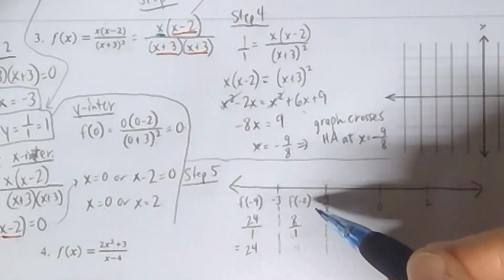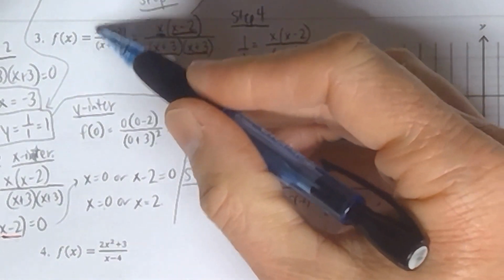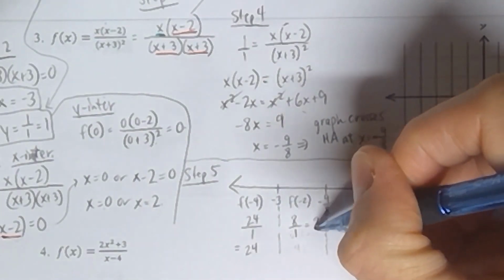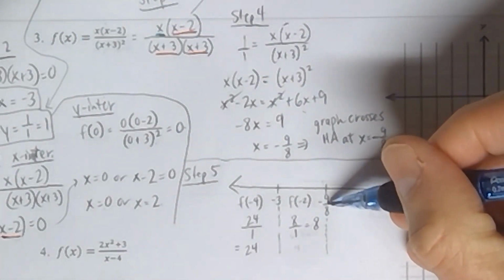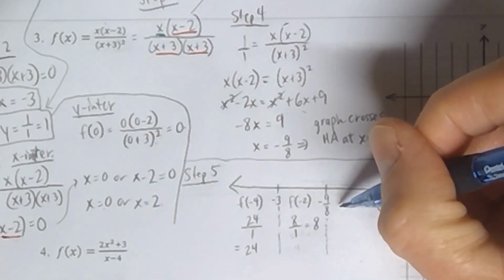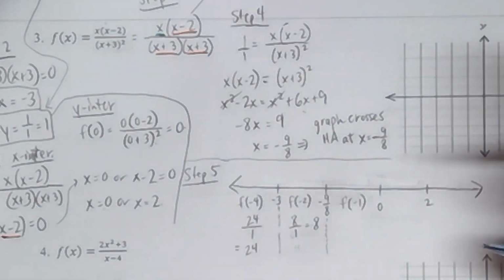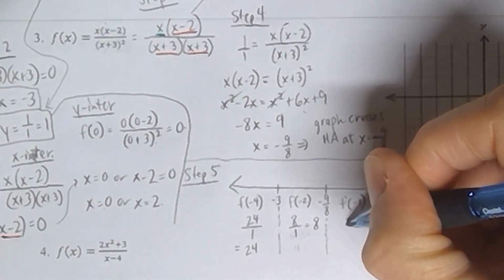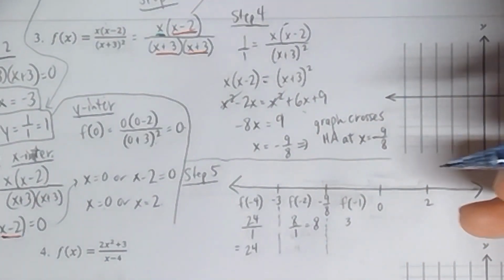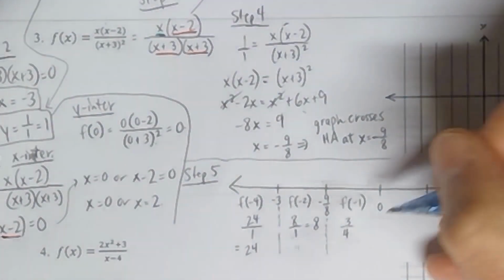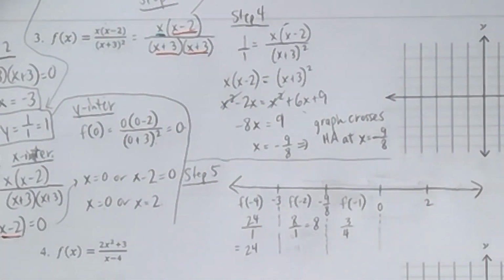If you plug in -2 and figure out what that fraction is equal to, you get 8 over 1, which is 8. If I plug in a number between this fraction and 0, a logical choice there would be -1. If I do that, I get 3 over 4.